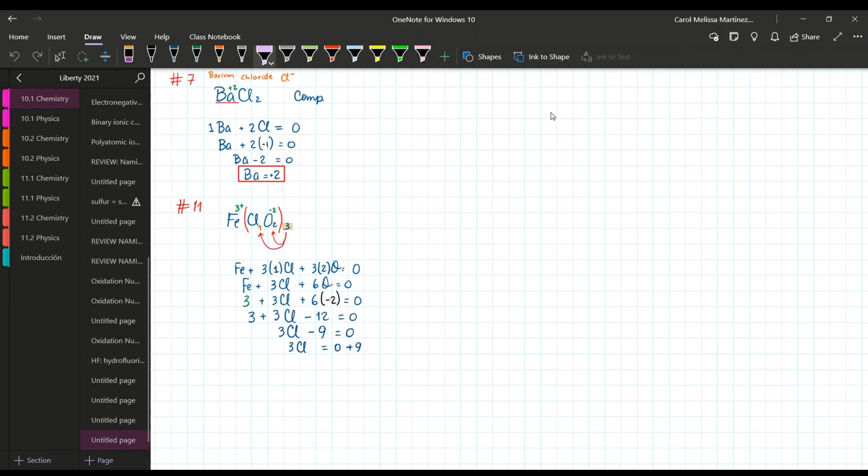Okay? So 0 plus 9 gives you 9. And then to get rid of the 3, you divide by 3 on the two sides of the equation. So in the end, what you will have is chlorine alone equals positive 3. And with this, you solve the exercise.